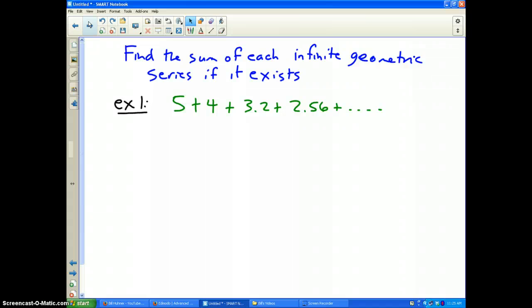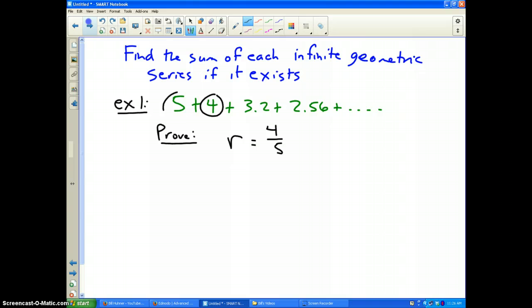All right, example number 1. Let's find the sum of this infinite geometric series if it exists. The first thing we got to do is prove that it exists. We need to find the r value. So we take the second term and divide it by the first term, which comes out to be 0.8. Since the absolute value of r is less than 1, this series converges and will have a sum.